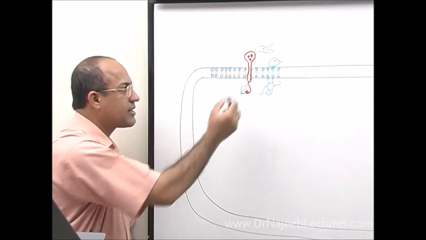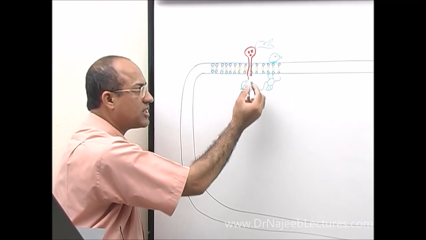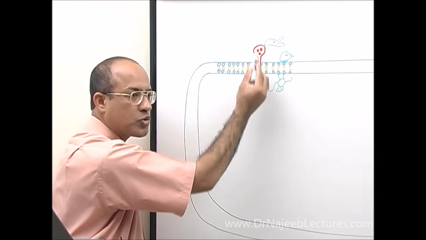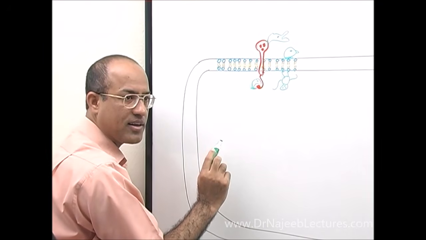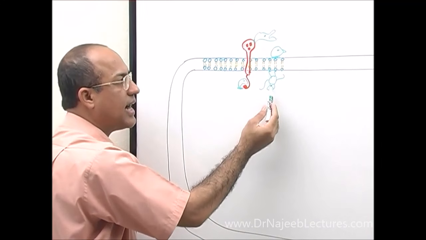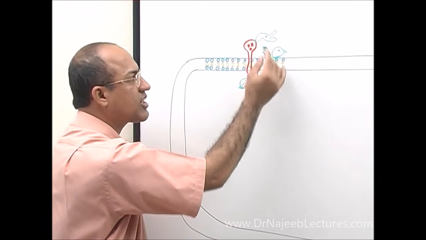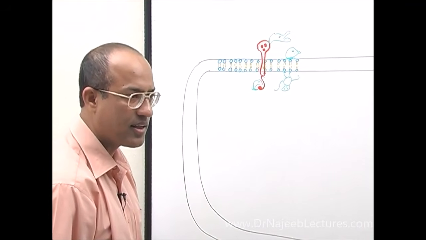Now look, this red color protein is a protein which is passing through and through the membrane, and these green proteins are either present on the internal side of the membrane or attached on the external side of the membrane, right?